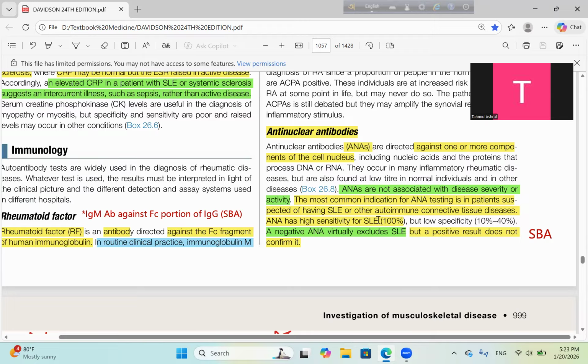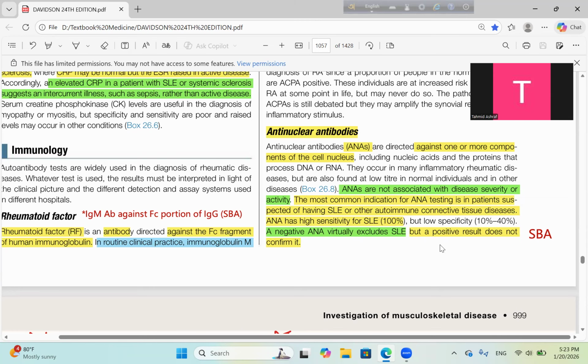But its specificity is low. A negative ANA virtually excludes SLE. Because ANA is 100% sensitive for SLE, if ANA comes negative in any patient, we may say that this patient does not have SLE.